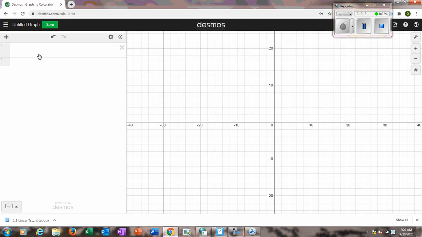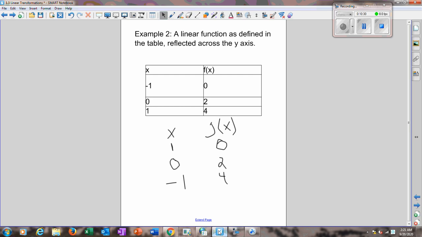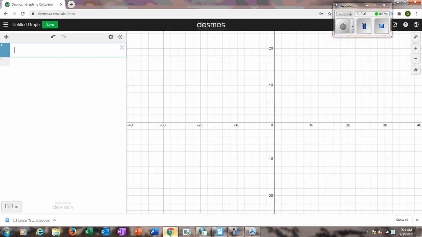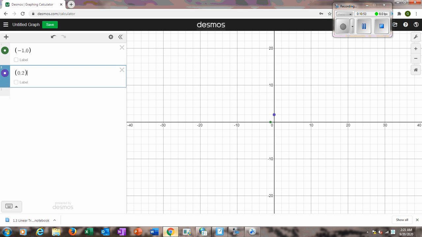If I look at Desmos, I can plot our 3 original points, if I could remember what they were. Negative 1, 0, 0, 2, and 1, 4, I believe it was.